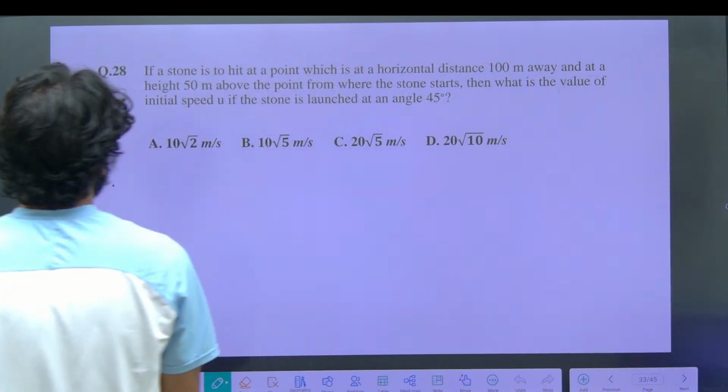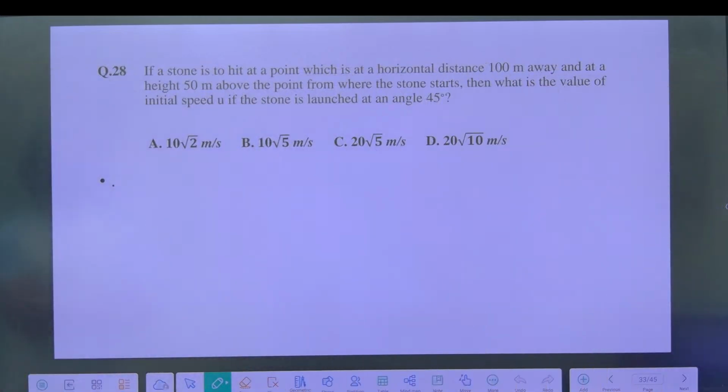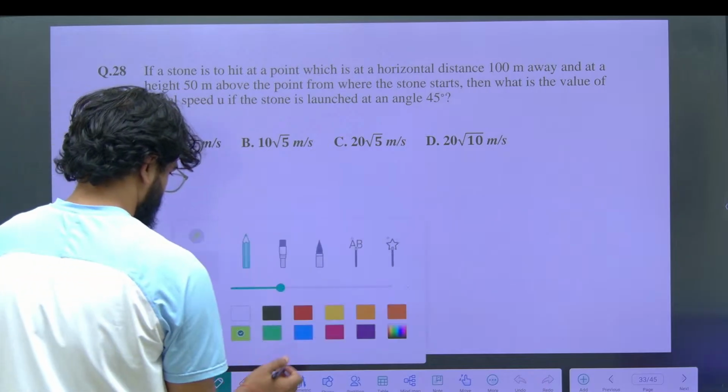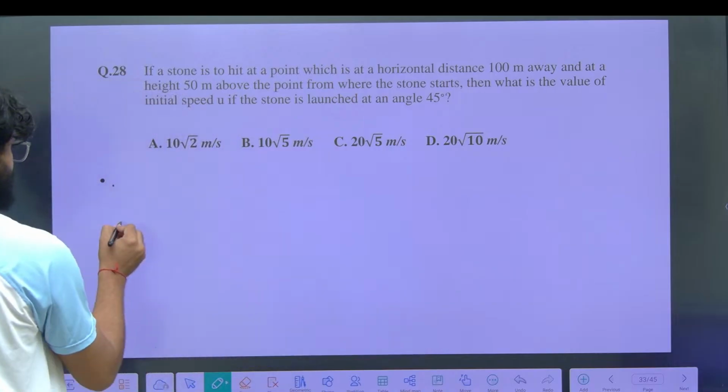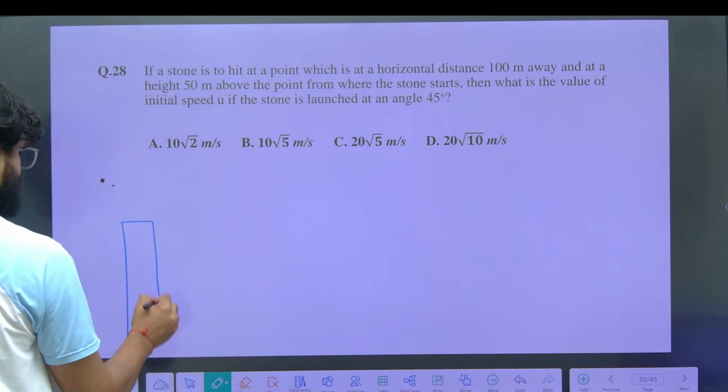Question number 28. If a stone is to hit a point which is at a horizontal distance 100 meters away and at a height 50 meters from the point where the stone starts, then what is the value of initial velocity u if the stone is launched at an angle 45 degrees?